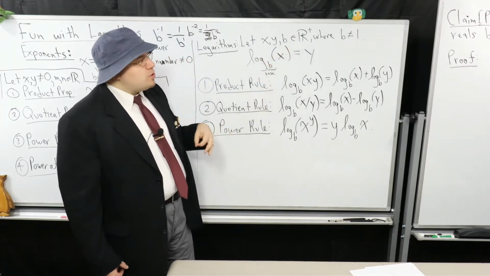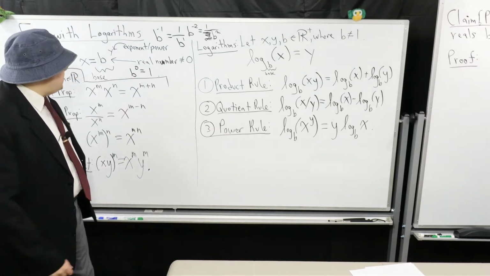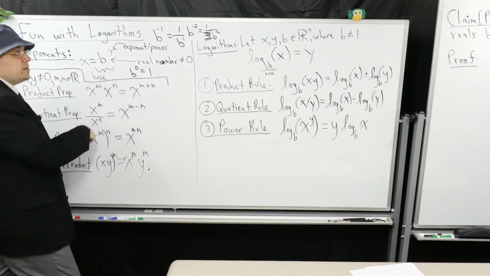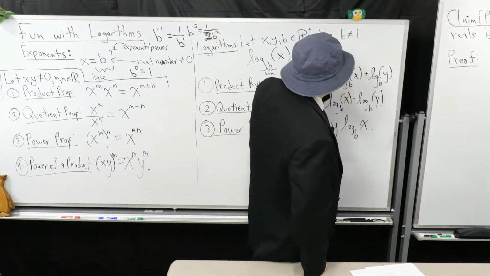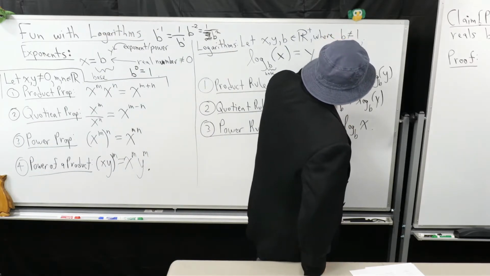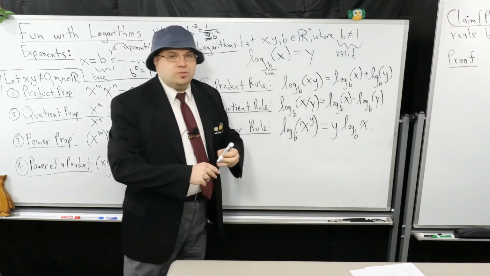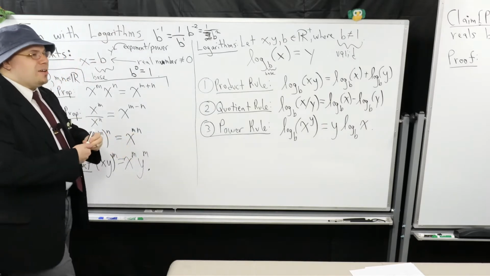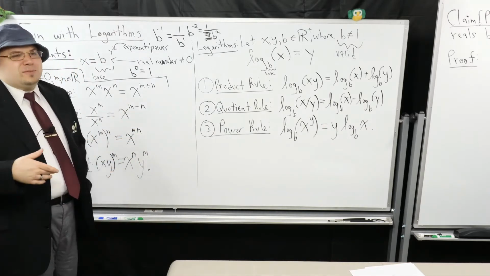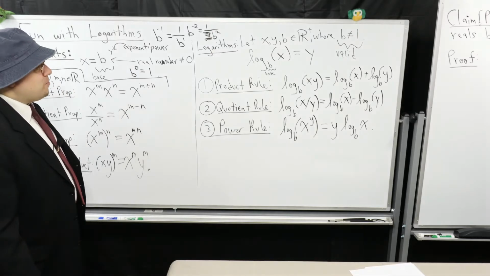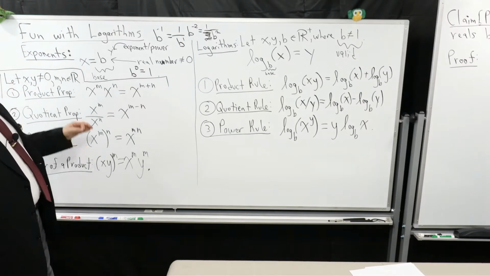And I'm going to assume that this b, which is often referred to as the base, as I have over here, is a valid base of the logarithm, meaning it's a positive real number that isn't equal to 1. You just aren't going to put a weird one in there like 1. That's how I'm going to define the base.